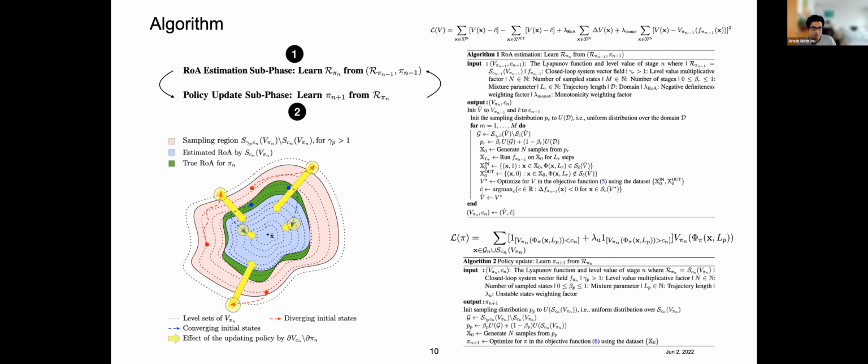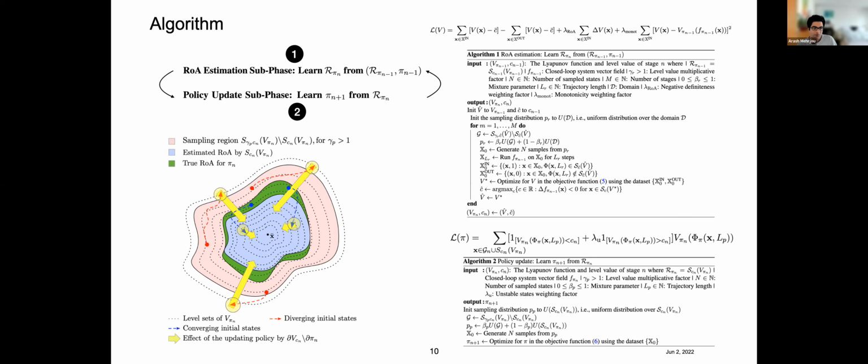The green region is the true region of attraction, with an inner estimate of the region of attraction shown by this blue region, which is obtained by some Lyapunov function. Then we have this enhanced region shown by this pink area, from which we do sampling. Some of these samples are negative and some are positive, meaning that some of them go back to the stability region and the rest go to the unstable regions.